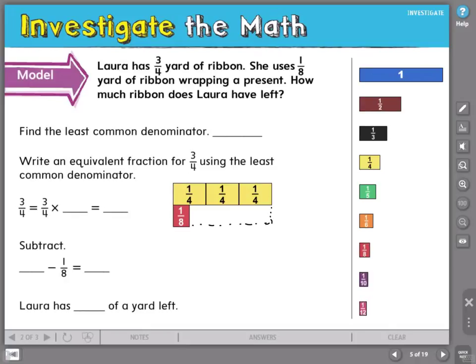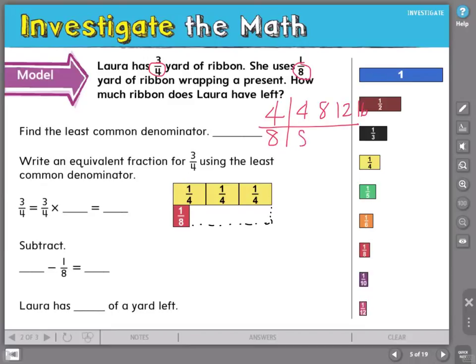But how do I know what fraction will name this difference? We must find the least common denominator. To find the least common denominator, we need to find the least common multiple of 4 and 8. Multiples of 4 are 4, 8, 12, 16.